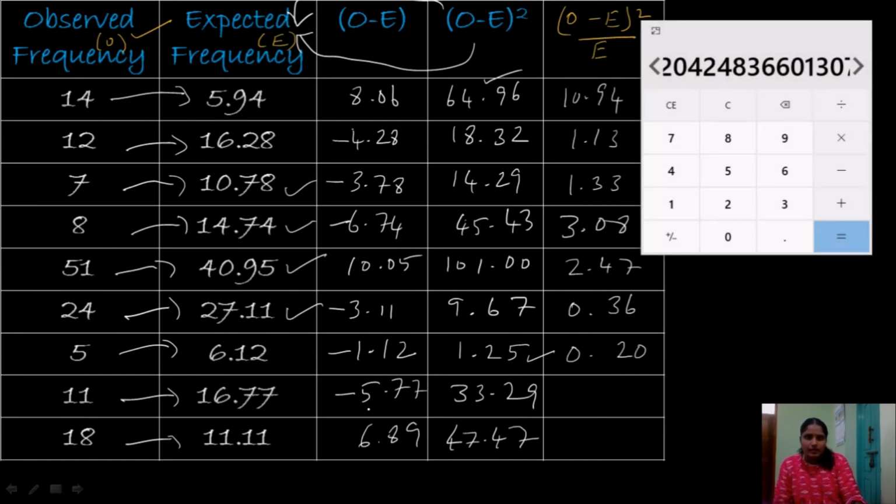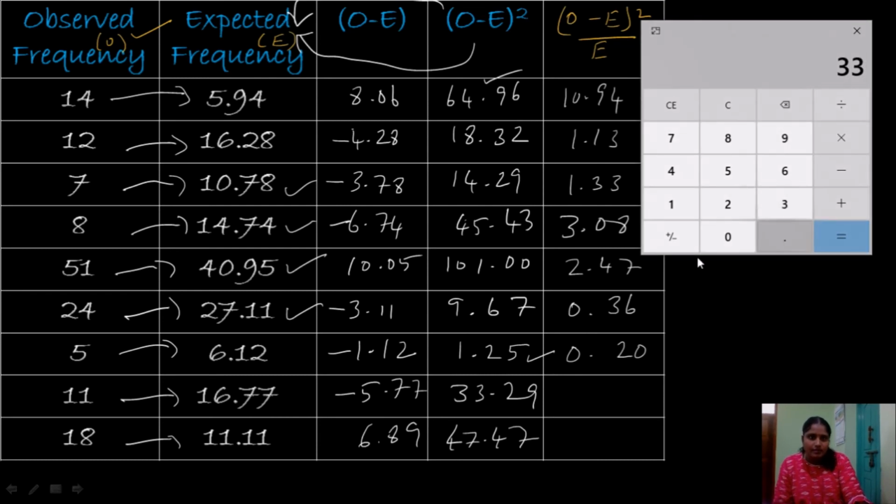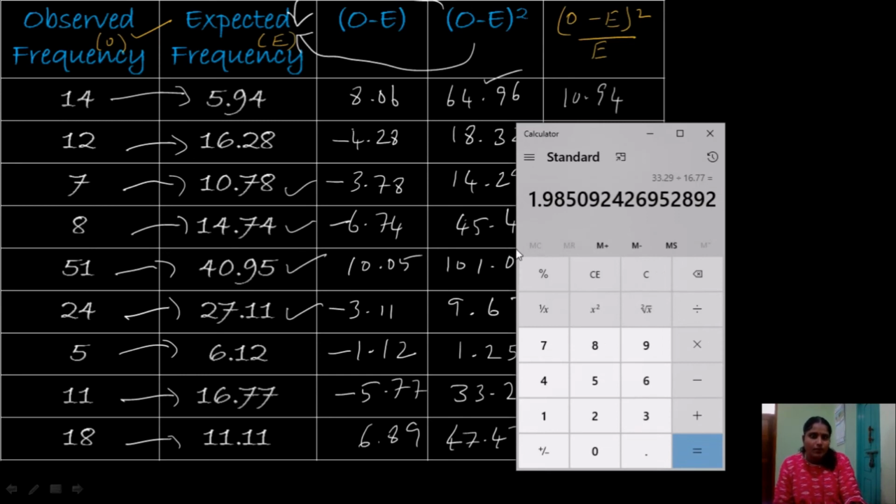And 33.29 divided by 16.77, you get the value as 1.985, etc. So 1.99.